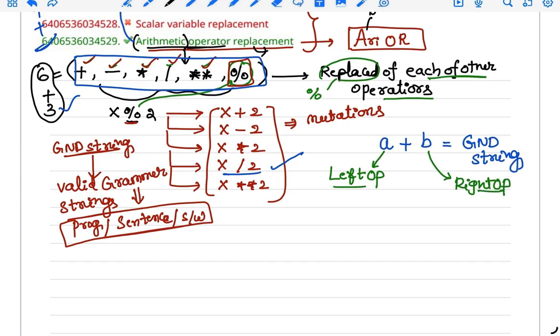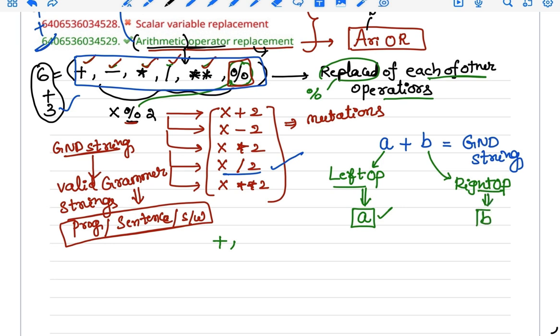Left op returns only the left operand, that is a only. Right op returns only b.